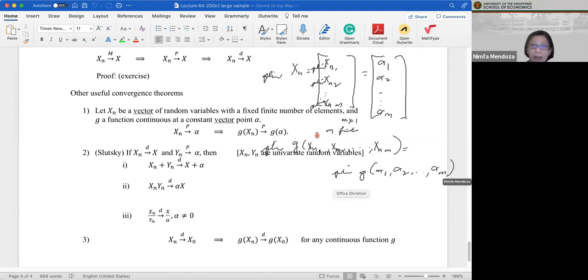Note that here you are working with vectors, but here you are working with a function. So this is just one by one.